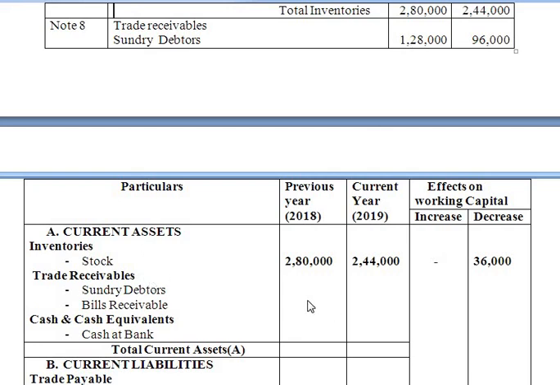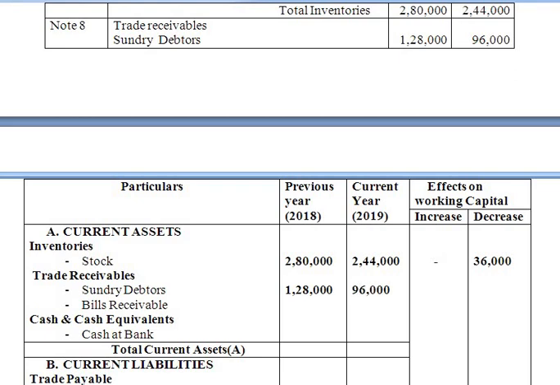The amount of sundry debtors for the year 2018 is 1,28,000, so write here 1,28,000, and for the year 2019 it is 96,000.